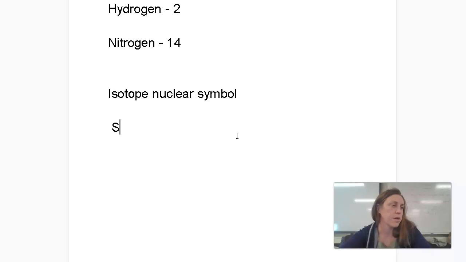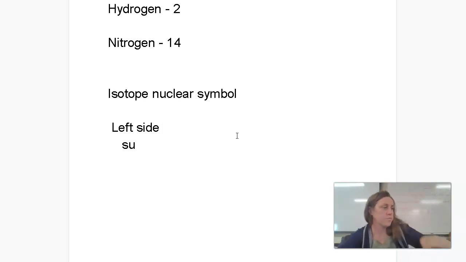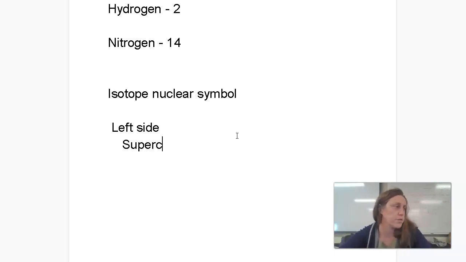This is all going to be on the left side. Superman flies above, submarines go below. Okay, this is not an exponent. That's where it's most commonly confused. Superscript of the mass number.